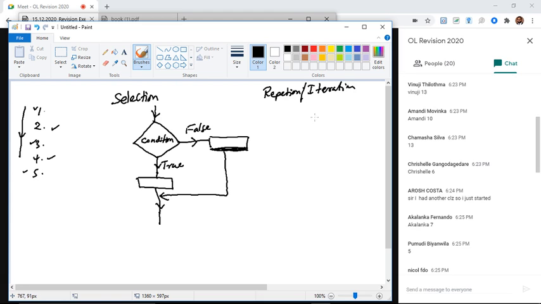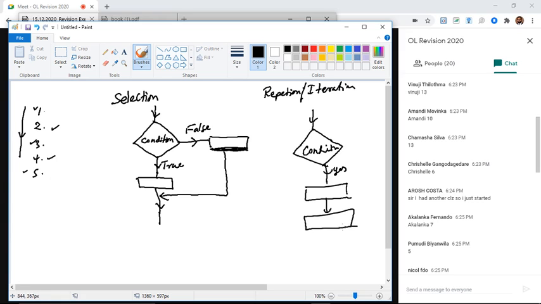So here what will happen? You are having some set of instructions. Okay, you are checking the condition, right? While the condition satisfied, yes, then what you will have to do? You have to do set of instructions. Okay, while the condition satisfied, you have to repeat this.